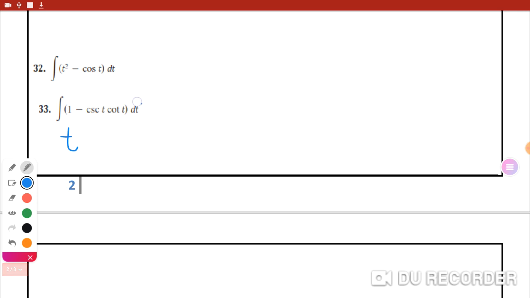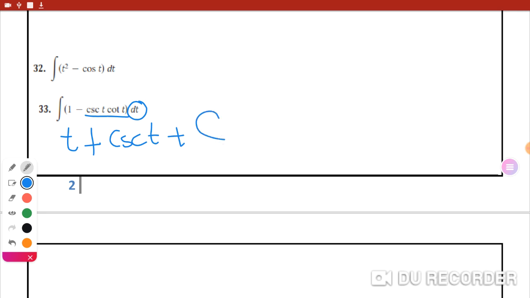Don't forget to add the variable of integration t. I will write t, not x. Here, minus. What is the integration of cosec t cotan t? If you studied the rule well, it will be negative cosec t, but I have minus, so it will be plus cosec t, plus the constant of integration.